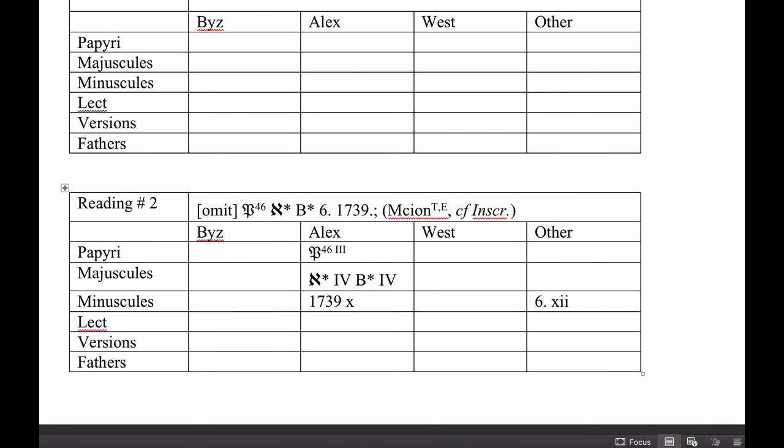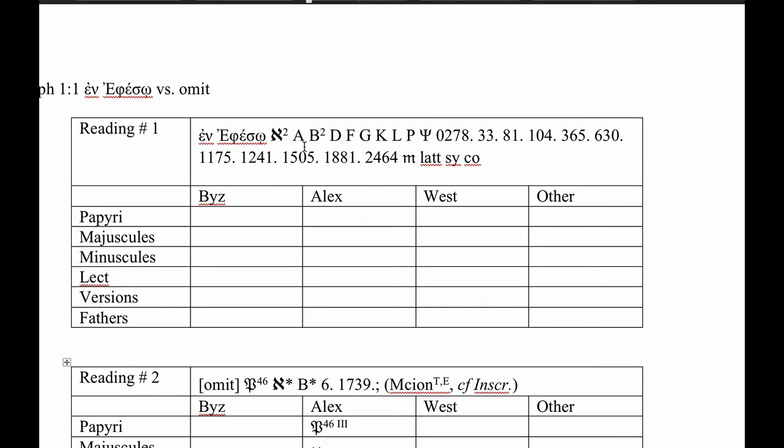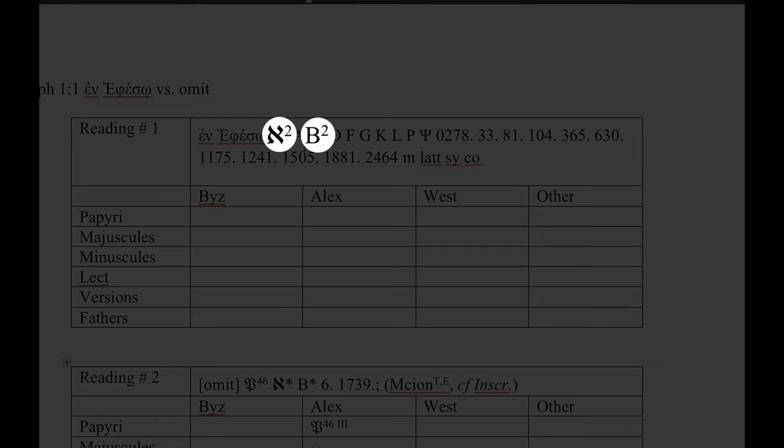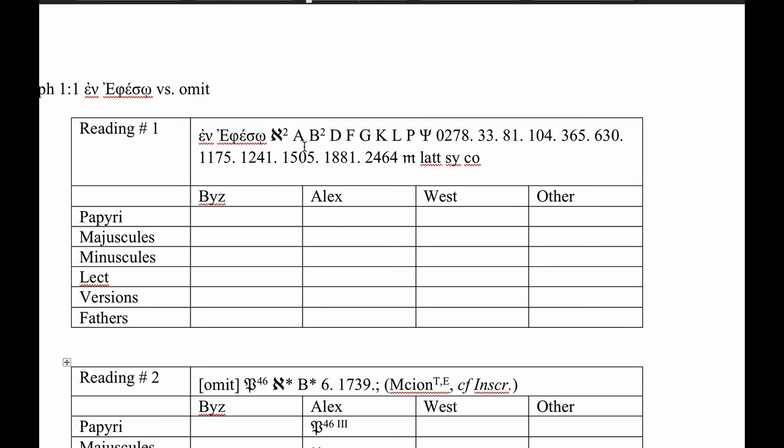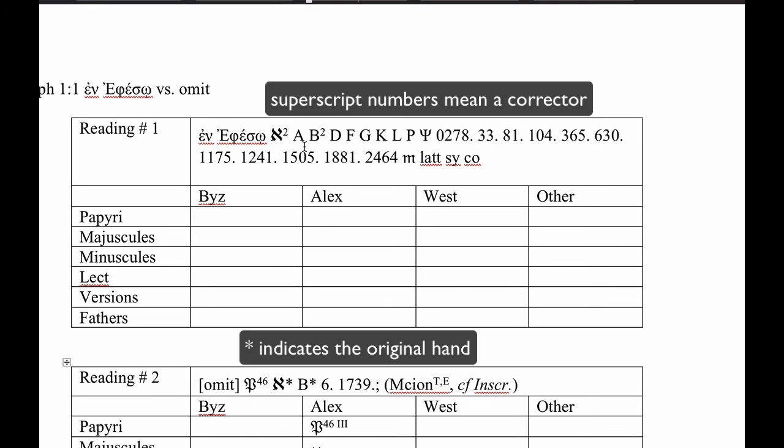But notice for reading number 1, the inclusion of NFSO, we have Aleph 2 and B2. Those superscript numbers next to manuscripts of the majuscule variety indicate that those were correctors. So these are the second in both of these situations with Codex Aleph and Codex B. Both of these are the second corrector.